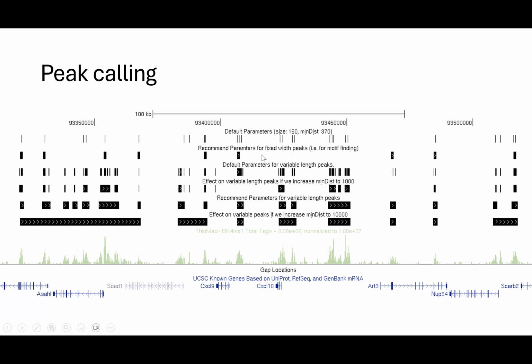There are different modes in HOMER, like fixed or variable length peaks, and you can see you get much different results. Here on the bottom, they have settings that assume these would be broad peaks, and it then groups all of this signal together into one really big peak. Or if you have the settings for variable length, maybe these are actually not many little peaks, but a few broader peaks.